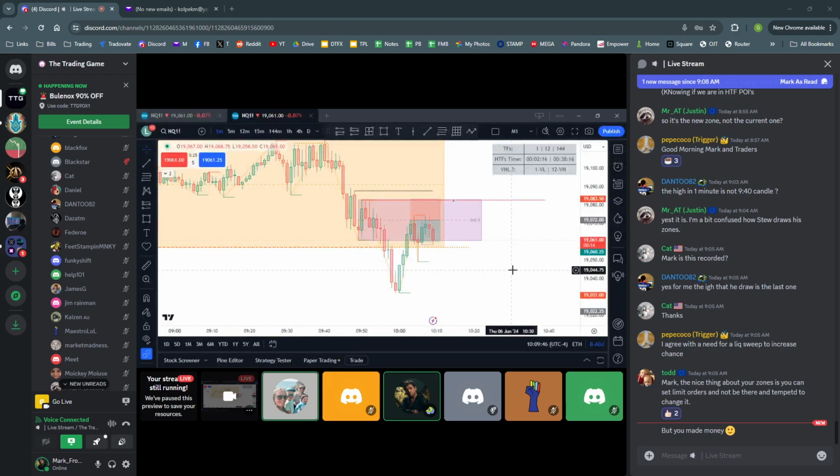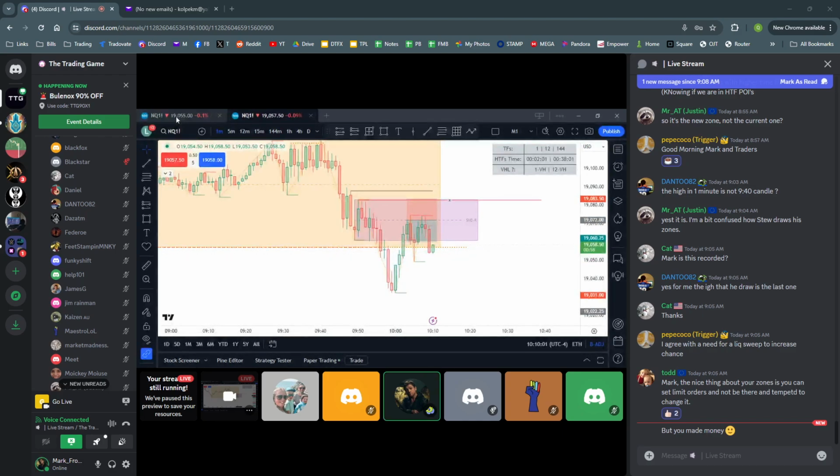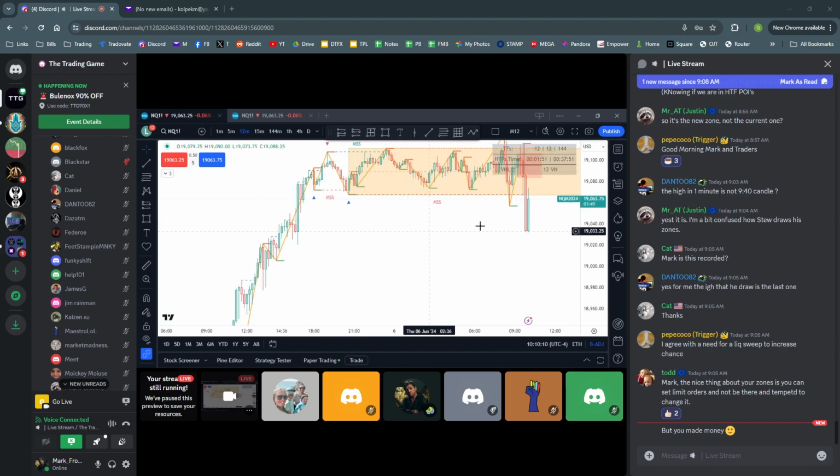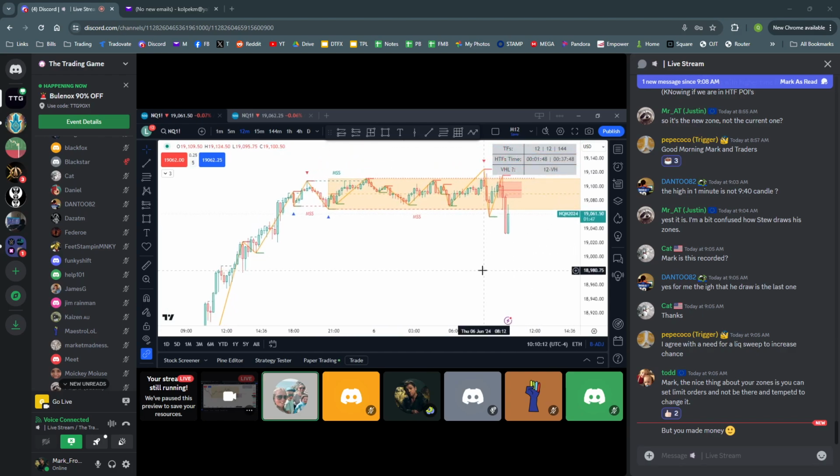But this could be a fake flip because it's dropped down into an unmitigated zone. I remember that from Pack's videos. Sometimes you'll get the market change, but if it drops down and mitigates an unmitigated zone, it's possible it comes all the way back up too. I agree with you, and I totally understand what you're saying, but I find you only get fake flips like that if you've got maybe 1 to 2 unmitigated zones below you.